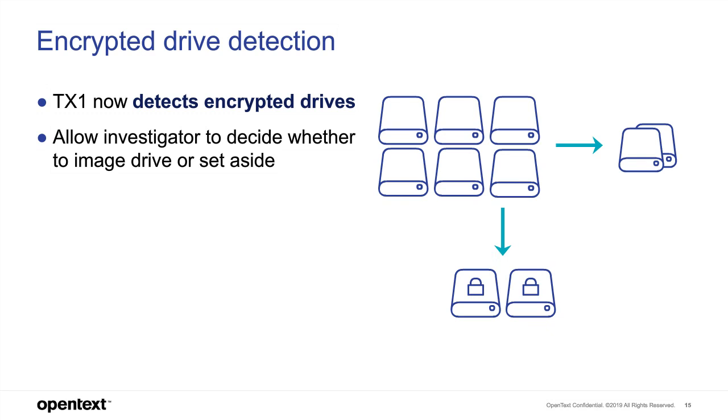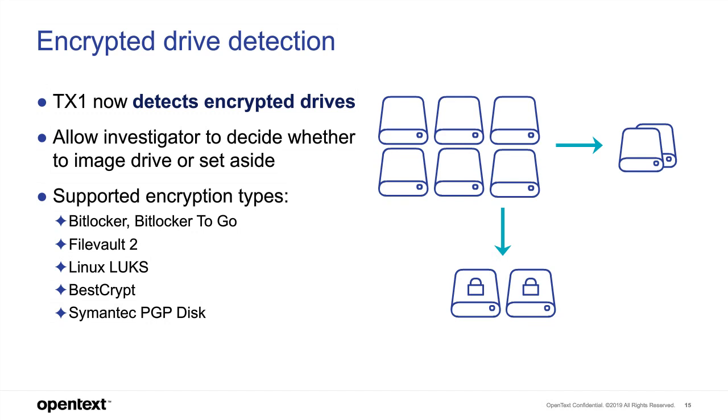Either way, it's good to know that now TX1 will detect and report on, both for source and destination volumes, the presence of BitLocker, BitLocker To Go, FileVault 2, Symantec PGP disk, LUKS, which is popular within the Linux community, and dm-crypt. We plan to add to this list in future firmware updates, so if you have a favorite, or a least favorite if you're working an investigation with encrypted volumes, please give us your input.